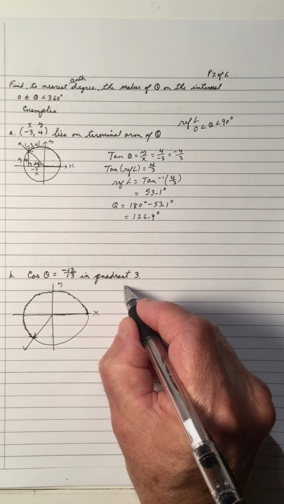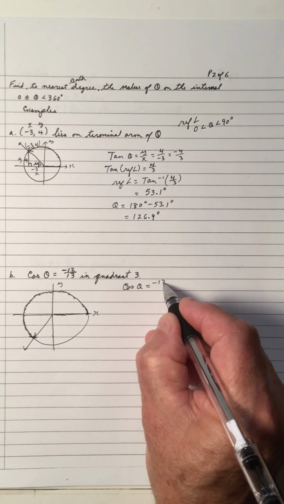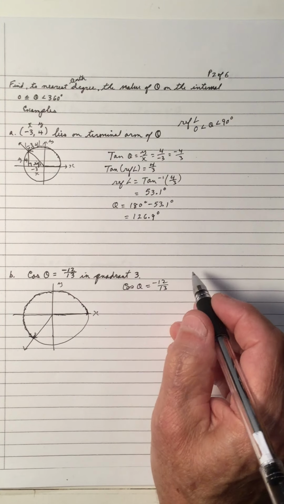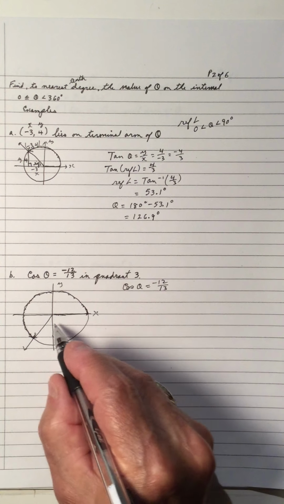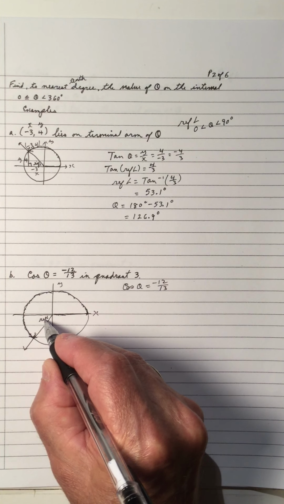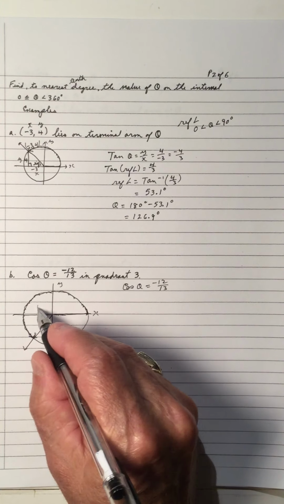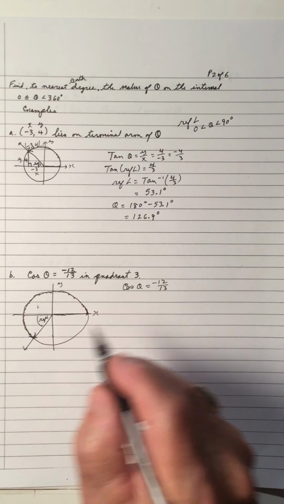And that means that if cos theta is negative 12 over 13, I want the reference angle. If I can get the reference angle right here, I can go 180 plus the reference and I'll get that rotation.